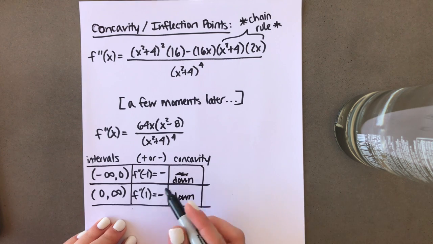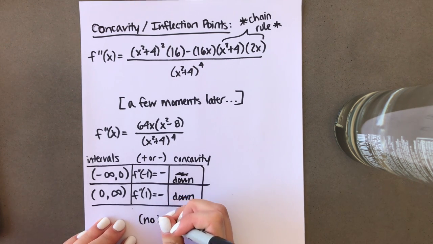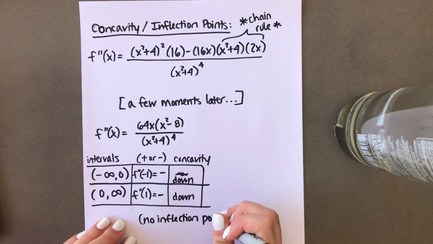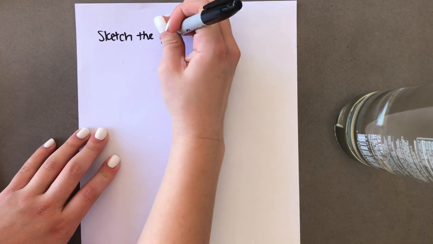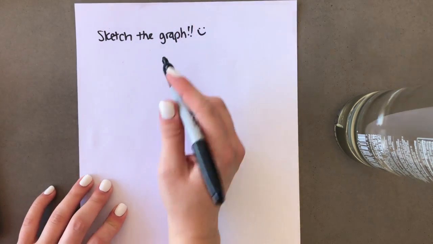Because both intervals are concave down, there is no inflection point. Finally, with everything we have calculated, we can sketch the graph of the function.